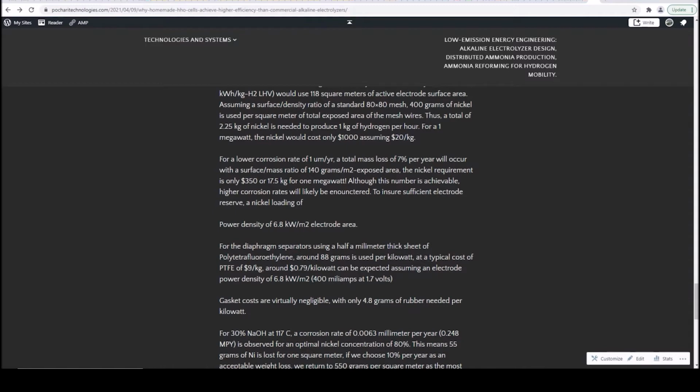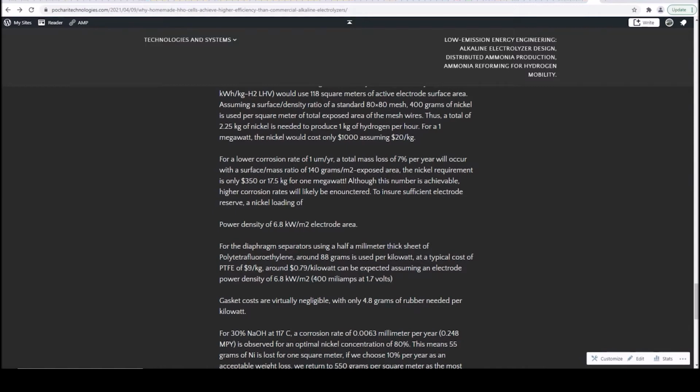If you used 100 grams of platinum at the current price, around $5 a gram, that would be $5,000 for 1 square meter. But if you could get a cell loading of, let's say, 15 kilowatts, that's only $300 a kilowatt, which is close to the price, let's say, of a PEM cell or some alkaline electrolyzers right now.